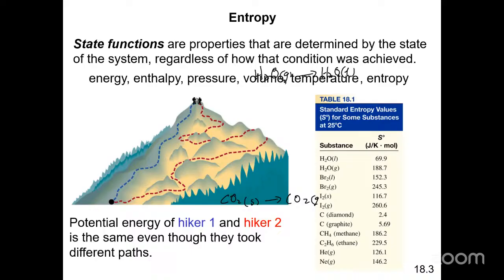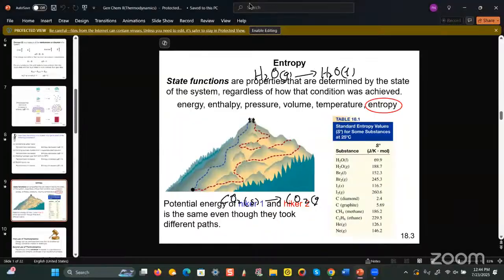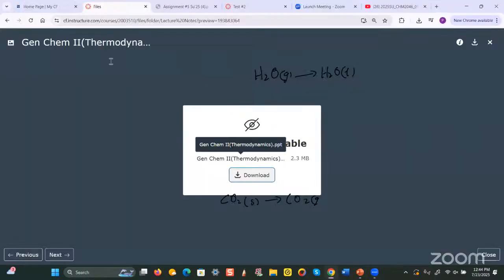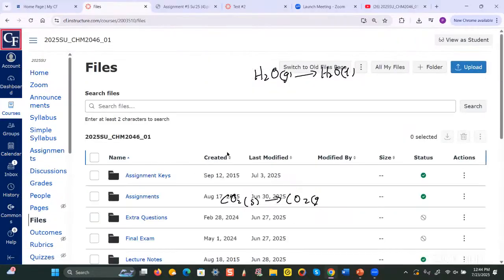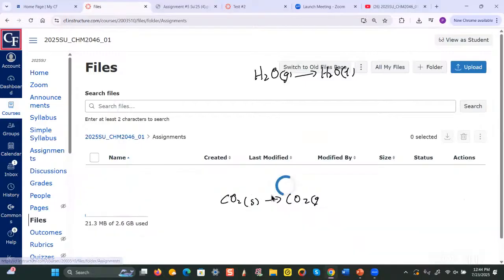Okay, so let's deal with the first question. I can't forget my folks out there in Zoom. Sorry, folks out there in Zoom. Let me see if I have published this in Canvas. Files, Assignments.